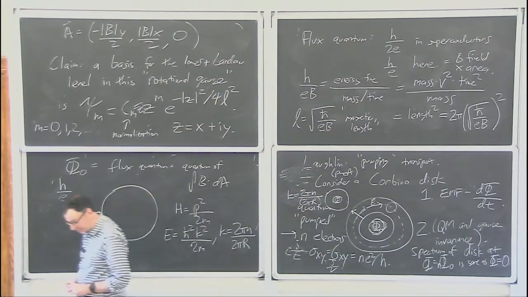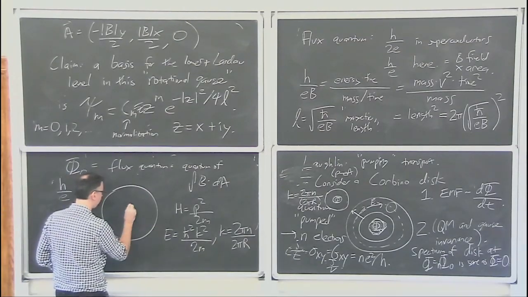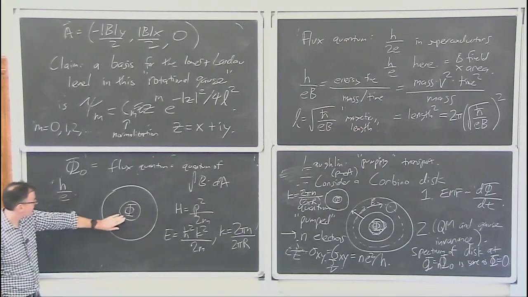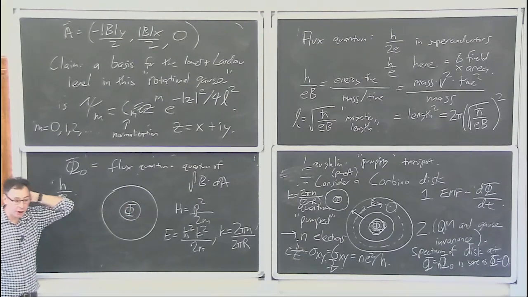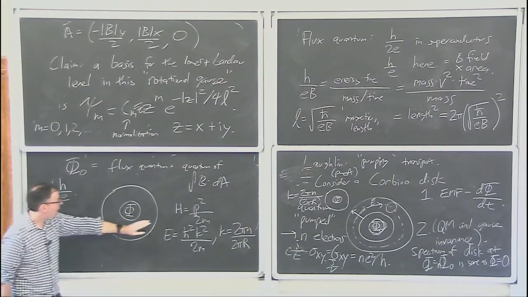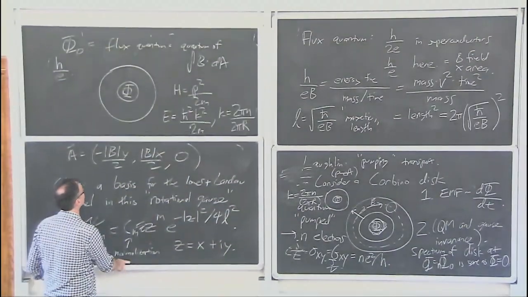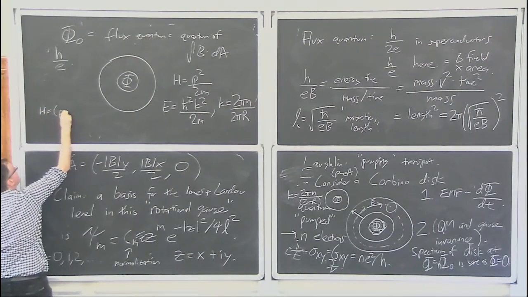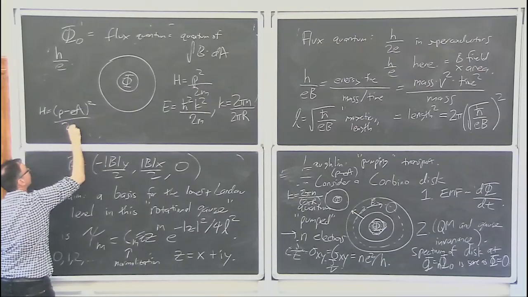So now, that problem I think you know how to solve. Go back and try solving it with some flux through a solenoid inside the ring. And this is maybe the simplest demonstration of the so-called Aharonov-Bohm effect. So now, what do you have to do? You have to solve (p minus eA) squared over 2m.